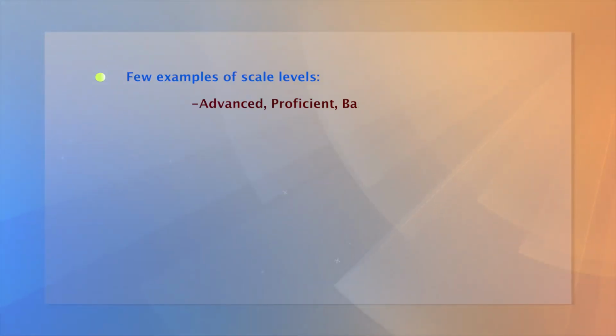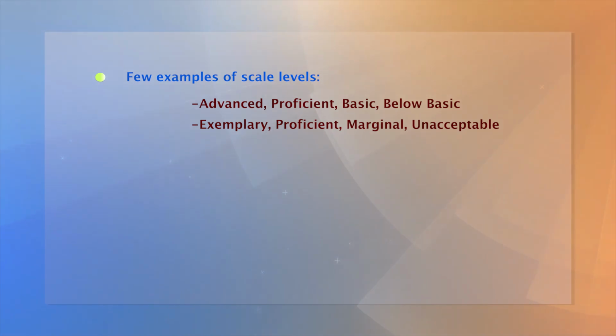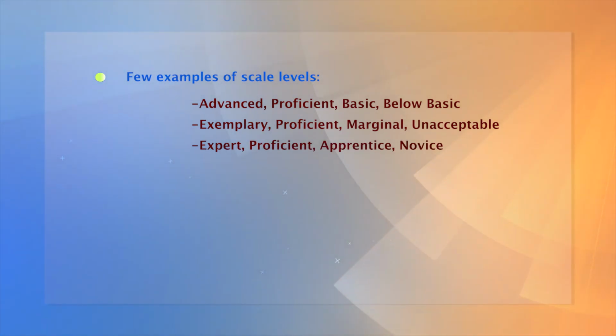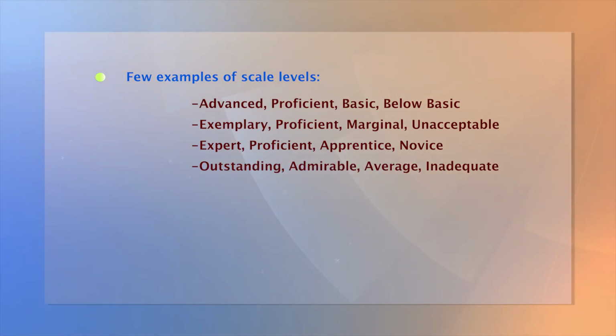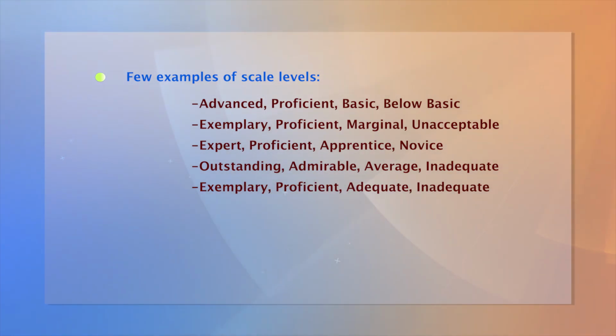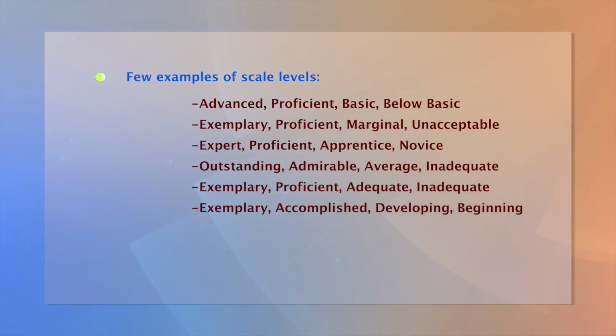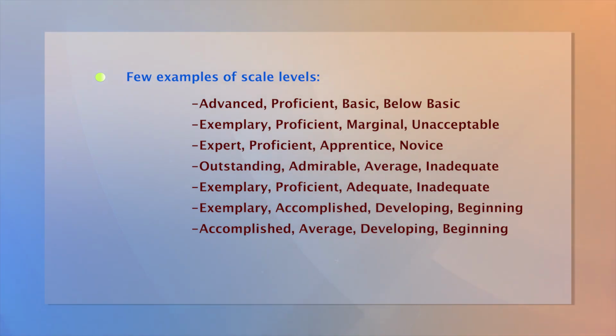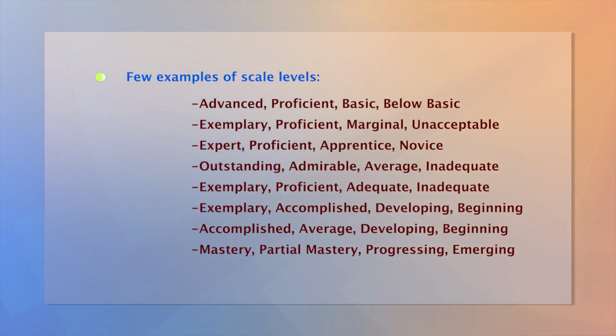You can see some of the commonly used labels for a 4 scale level rubric: advanced, proficient, basic, below basic; exemplary, proficient, marginal, unacceptable; expert, proficient, apprentice, novice; outstanding, admirable, average, inadequate; exemplary, proficient, adequate, inadequate; exemplary, accomplished, developing, beginning; accomplished, average, developing, beginning; mastery, partial mastery, progressing, emerging.